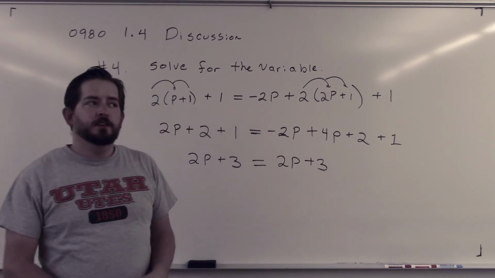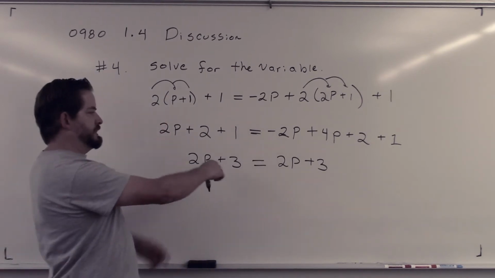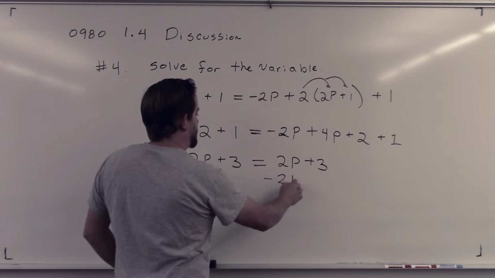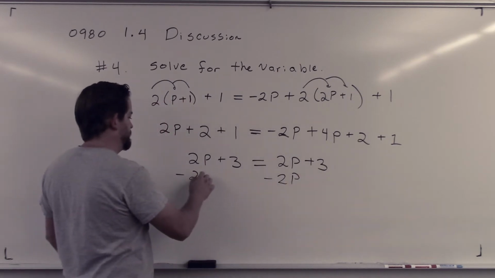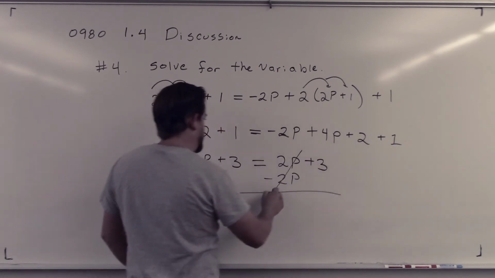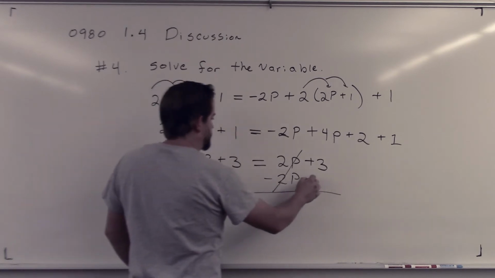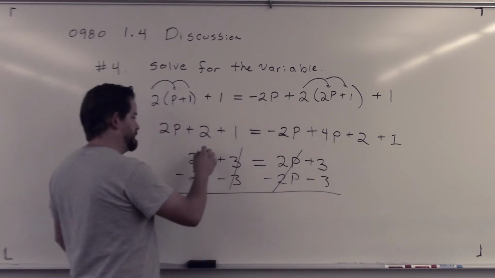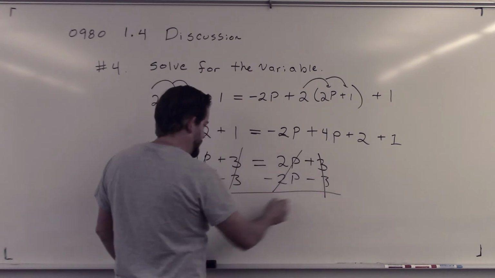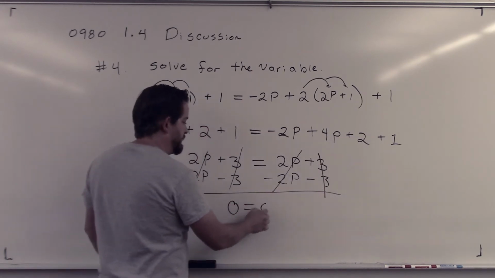If I try to continue and solve this, let's say I want to get my 2p's out of the right-hand side. That's gone. I want to get my 3's to the other side. That's gone, but so is that, and so is that. And I get 0 equals 0, which is true.